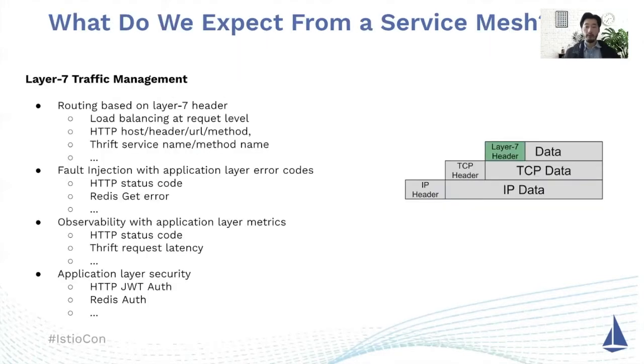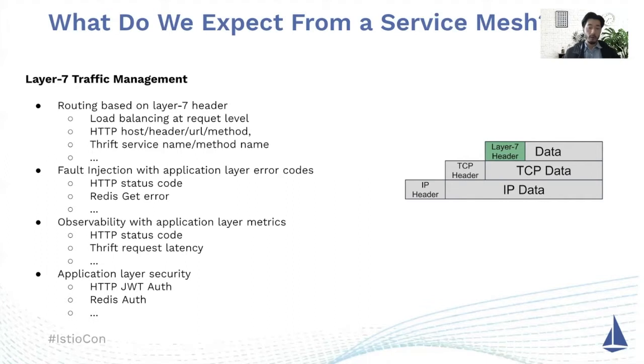So when applying the service mesh pattern in a microservice application, what do we expect from a service mesh? Ideally, we want to manage the traffic of all the protocols, RPC, messaging, cache, database, in a consistent way in our service mesh, not just HTTP and gRPC. We want to distribute the requests from one downstream connection to multiple upstreams, so we can balance the load among multiple service instances.